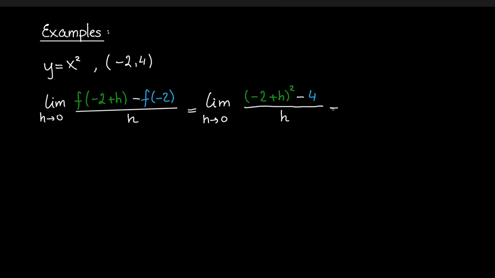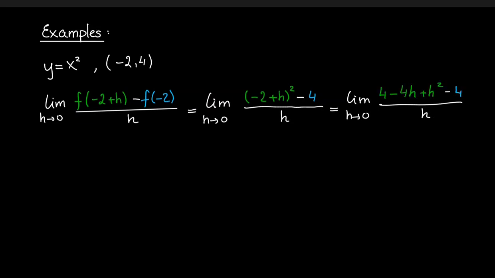Now, if we open up the parentheses in the numerator, what we would get is 4 minus 4h plus h squared minus 4, over h. And then you can see 4 and 4 will simply cancel each other out. And then, again, in the numerator, if we factor out an h, all we would have left in the parentheses would be h minus 4.